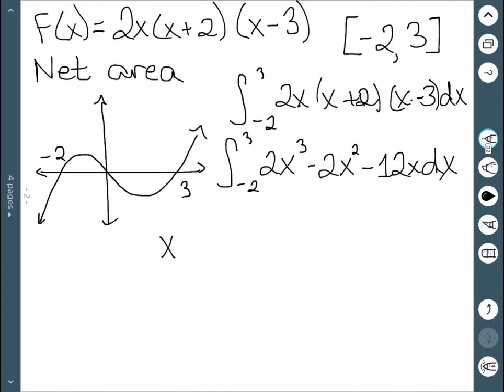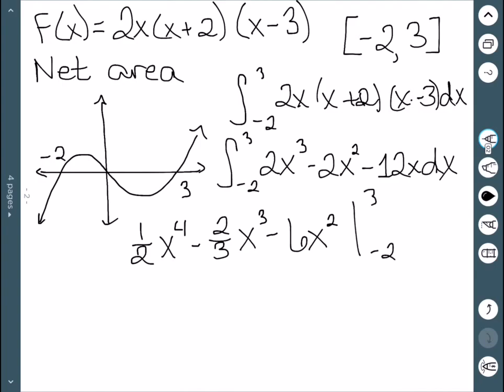So adding 1 to 3 is 4, and 2 over 4 is 1/2. This would be 2 over 3 x cubed. And here, adding 1 to the exponent gives me x squared, and dividing by 2 is 6. And we're going to evaluate this between negative 2 and 3.